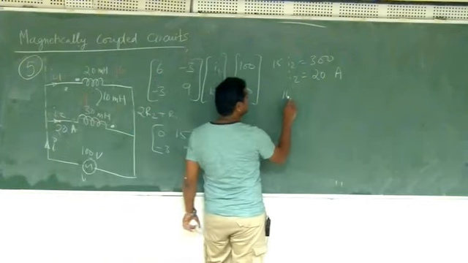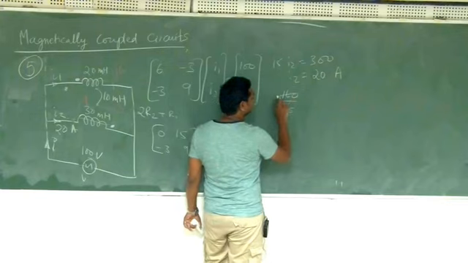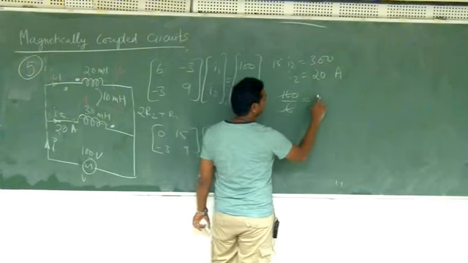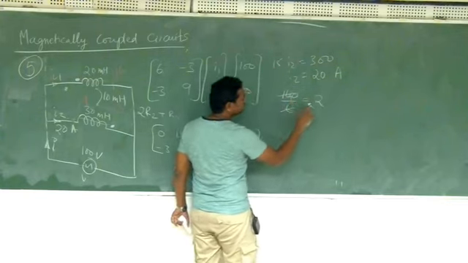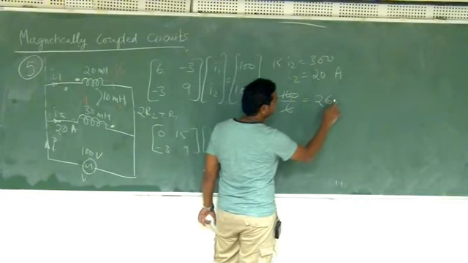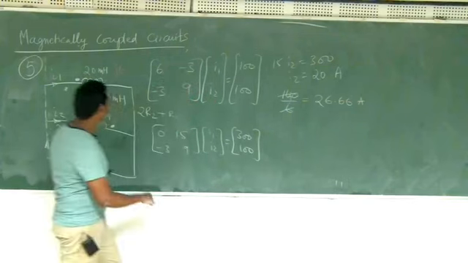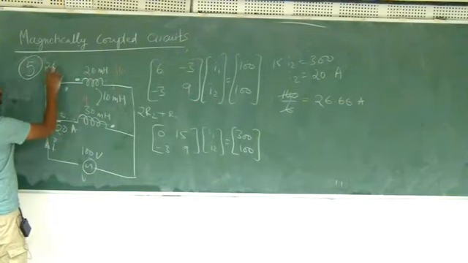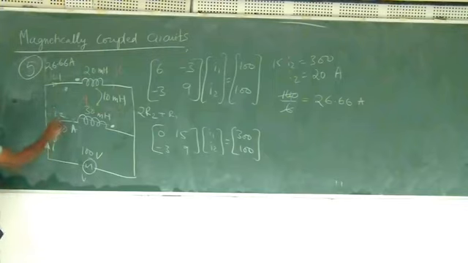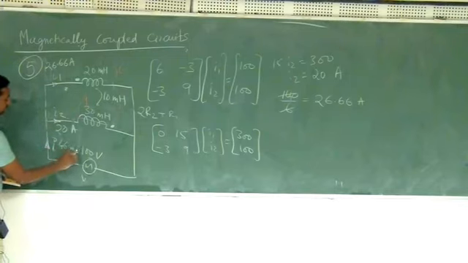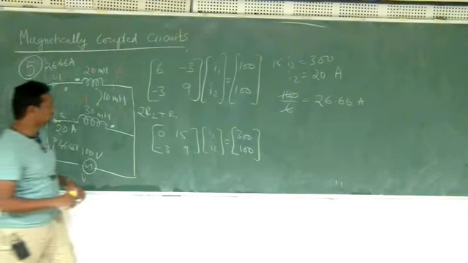So 6 2s are 12, 40, 6 is 36. So 26.66 amperes. So 20 amperes, 26.66 amperes at minus 90 degrees, I am not writing that. This will be 46.66 amperes. So current has increased.